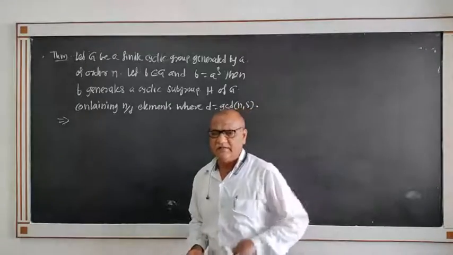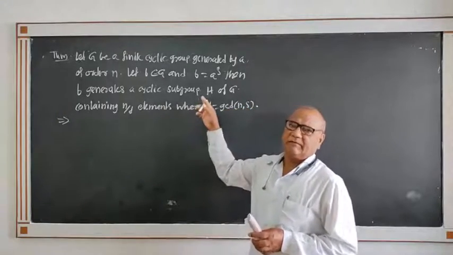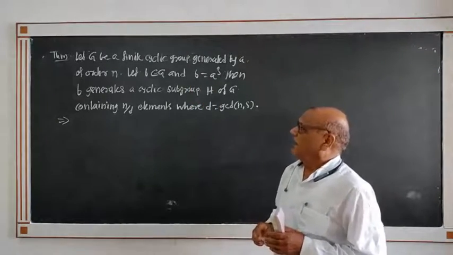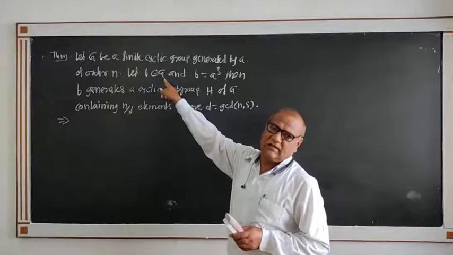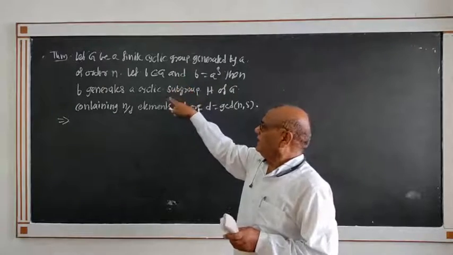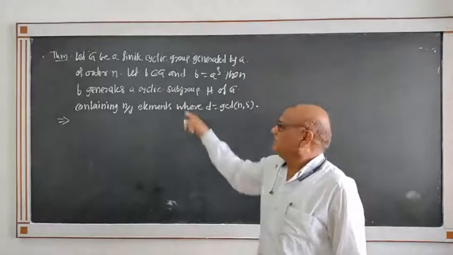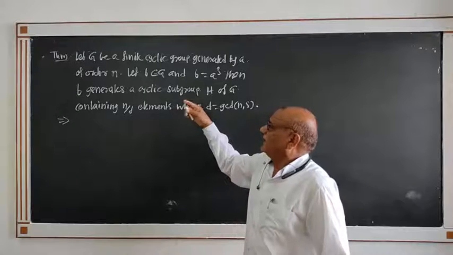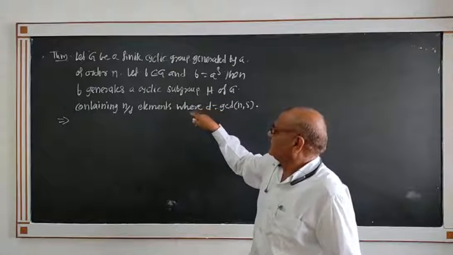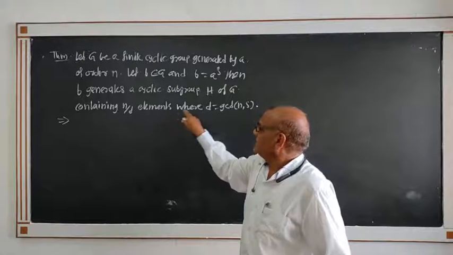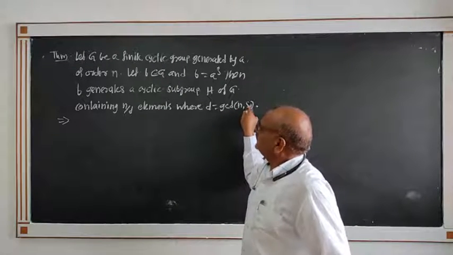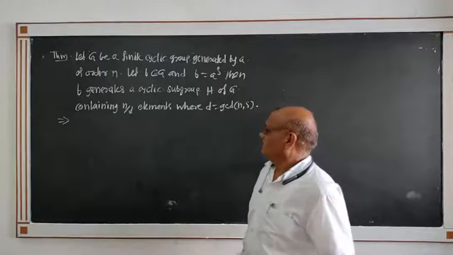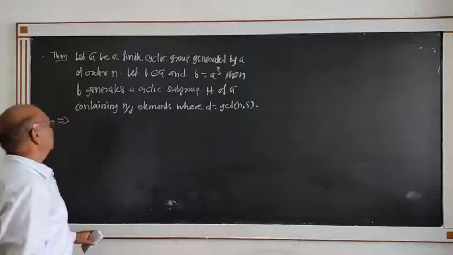Here G is a finite cyclic group with generator A. B belongs to G. Then H is the subgroup generated by B. It is also cyclic and it contains n by d elements, where d is the GCD of n and s, and B is equal to A to the power s.